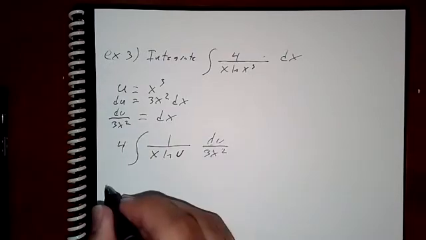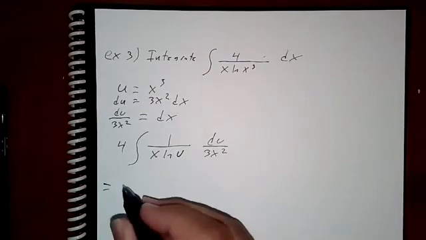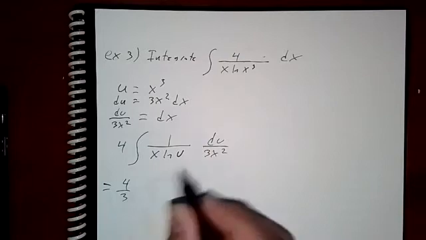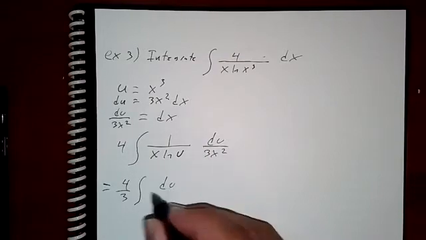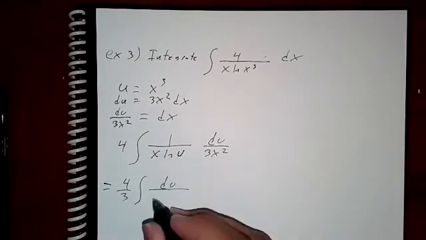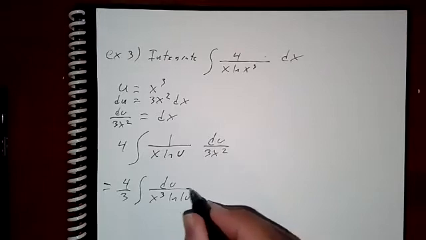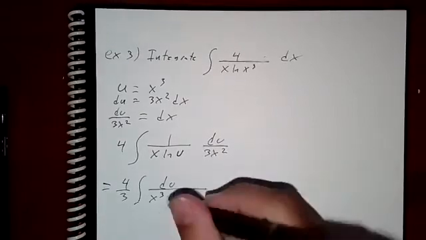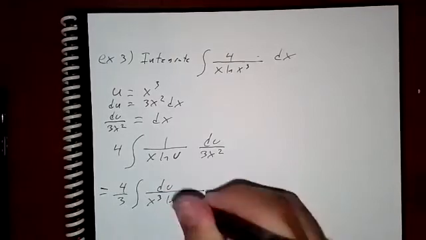So right now it's super weird. I'm going to pull out the 4/3. Combine the x's, so that'd be x squared times x, so that'd be x cubed times ln u, right? I don't really have absolute values, so it should be just ln u there.